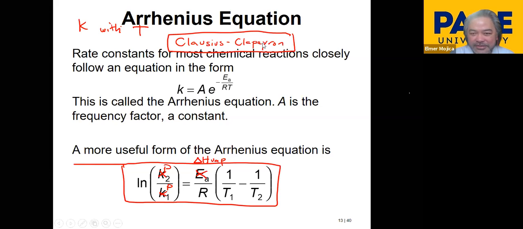Yeah. So see how they do the changes here from this so-called Clausius-Clapeyron equation. Okay, they replace the heat of vaporization with activation energy, and they replace the pressure with the rate constant, and you end up with the Arrhenius equation.